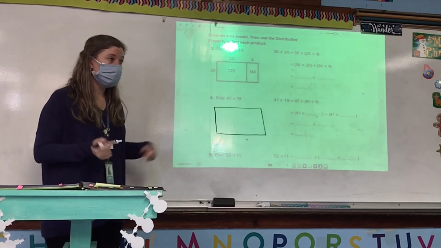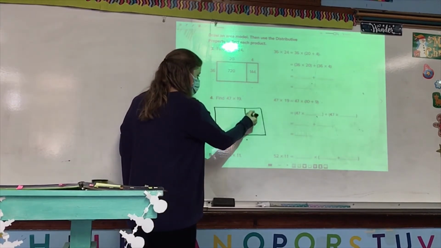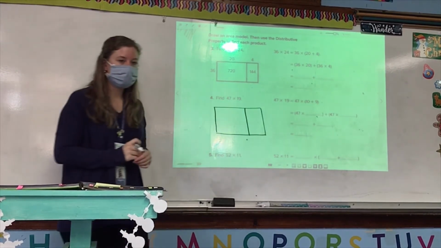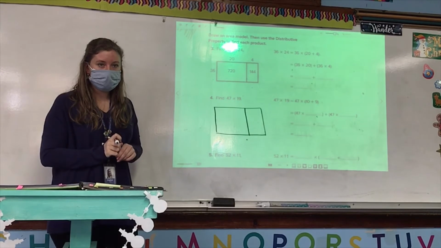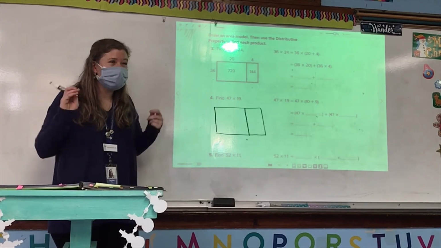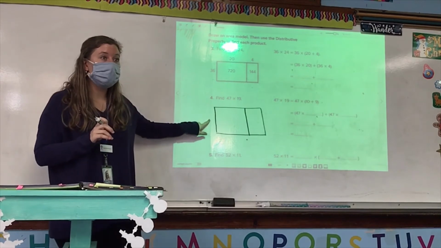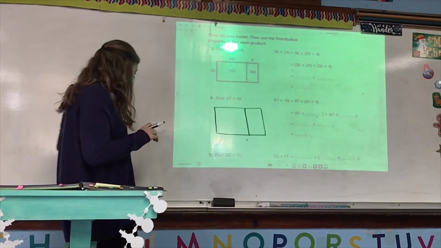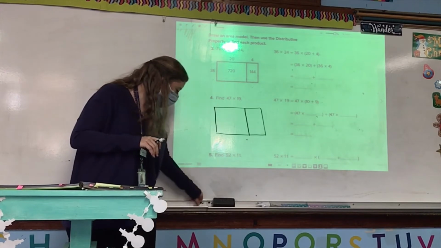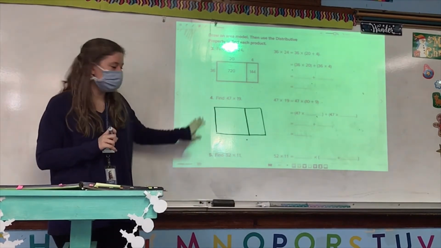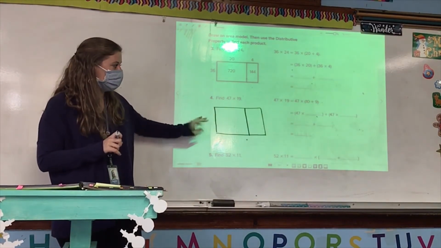Second step is to break it into 2 pieces. Third step, because this is just a little easier, is to write the smaller factor on the side. So 47 and 19, Zari, which factor is smaller? Which factor should we write on the side, 47 or 19?